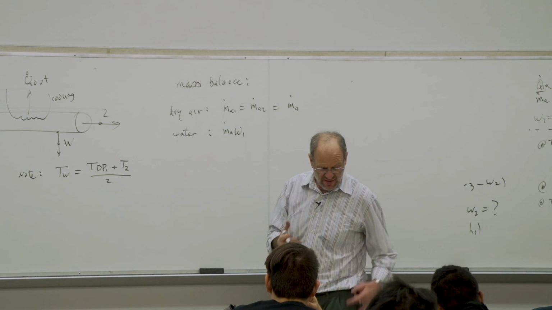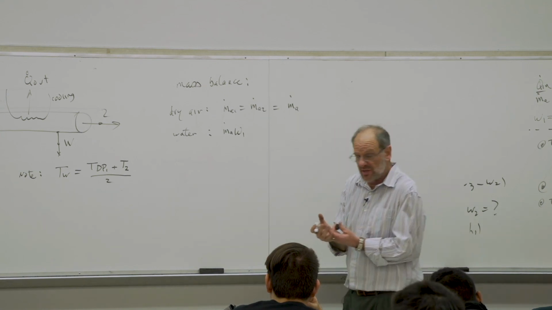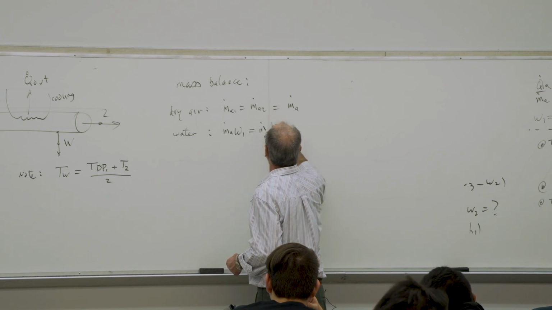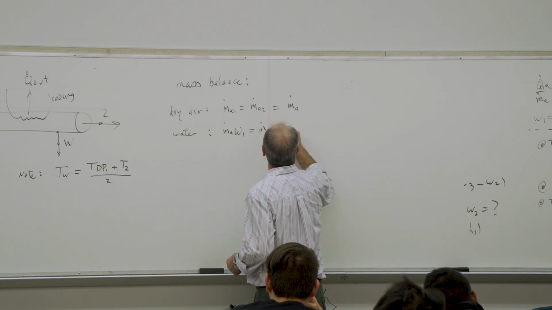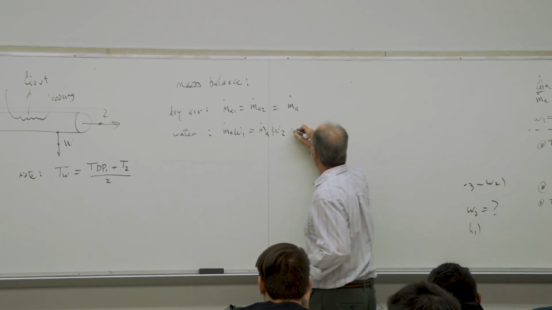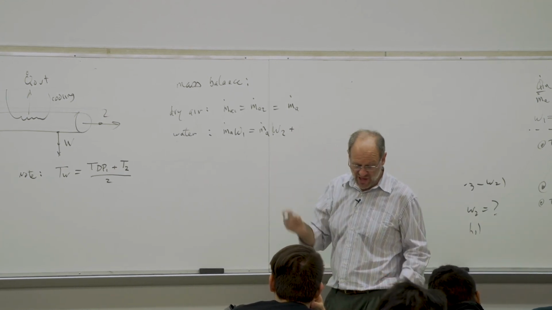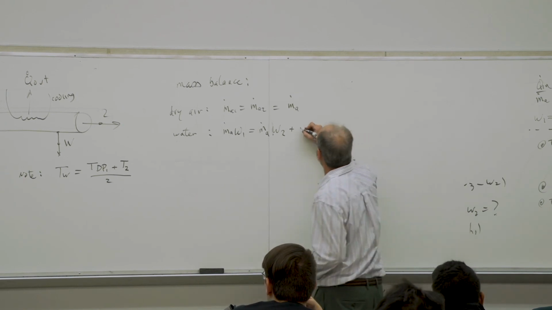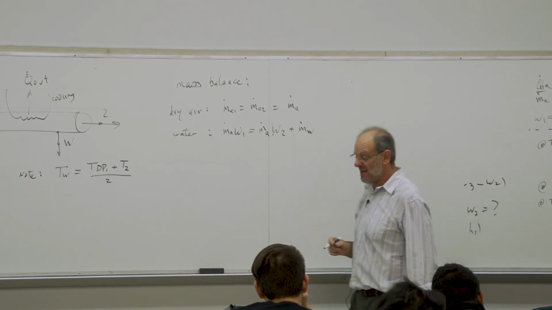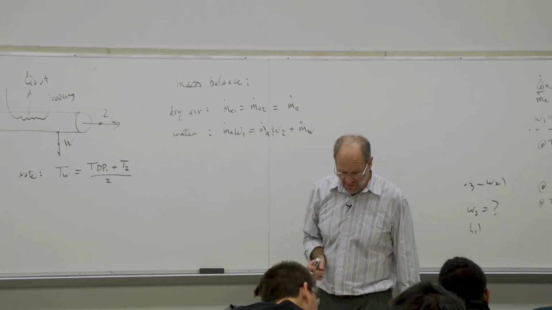That's going to represent the water vapor that comes in. What's going to go out is going to be m dot A times omega 2. So that's the water vapor that leaves with the atmospheric air. But then there's also going to be the water that has drained, and we'll just call that m dot W. Okay, so that's your mass balance for the air and the water.